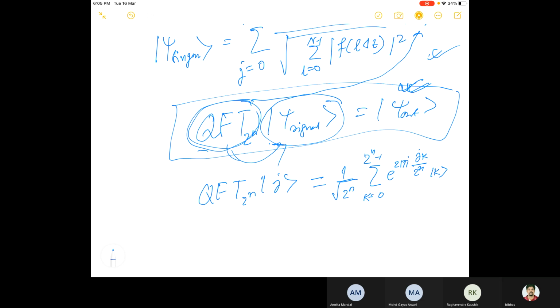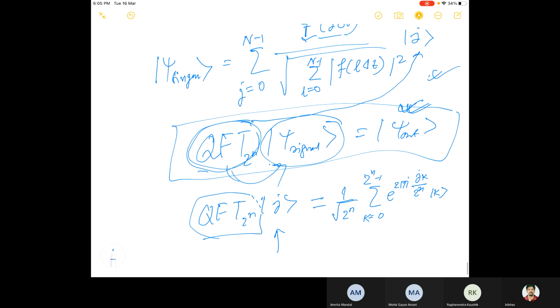Here j can be from 0 to 2 to the power n minus 1, where capital N is 2 to the power small n. Then you have a scalar, and you get a linear combination of the basis states k, where k is from 0 to 2 to the power n minus 1.